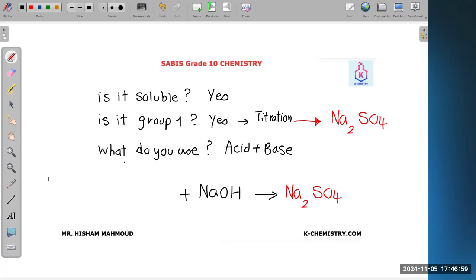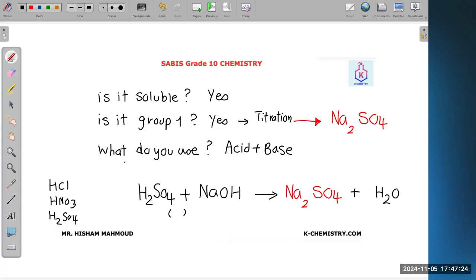And the acid, is it HCl or HNO3 or H2SO4? H2SO4, because this has sulfate. And I must get water as a byproduct. Very good. This is a neutralization reaction, and any neutralization reaction will form the salt and water.